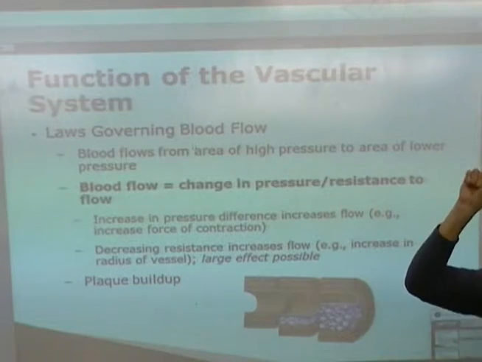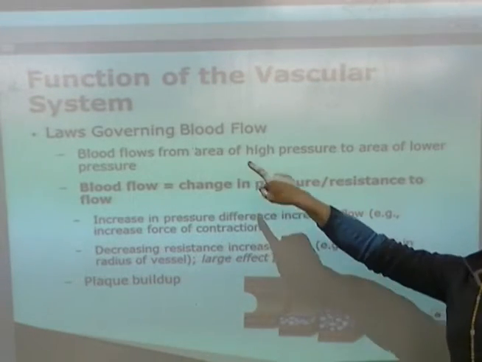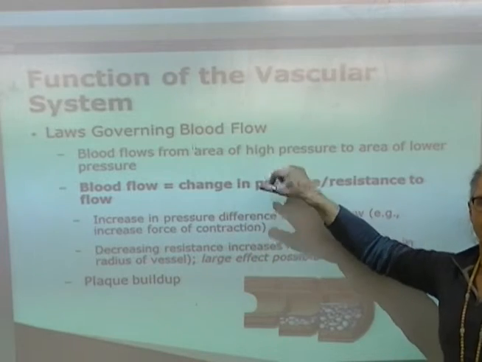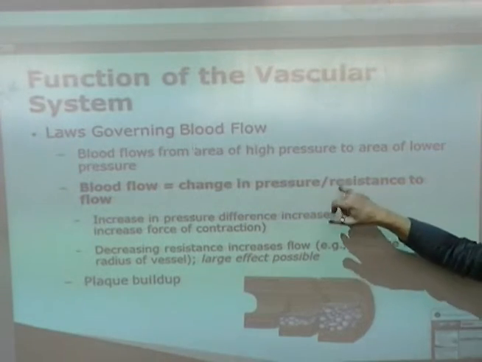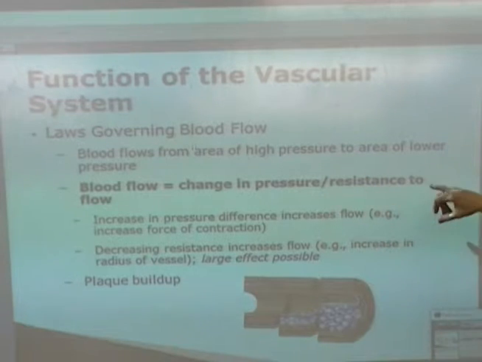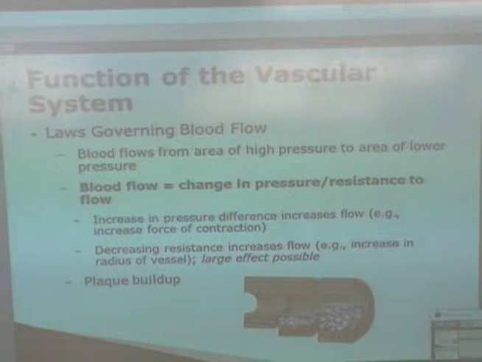The symbol for change is a triangle. So you might see triangle P, okay, divided by the resistance to the flow. How hard is it for, in this case, blood to flow through the vessel?